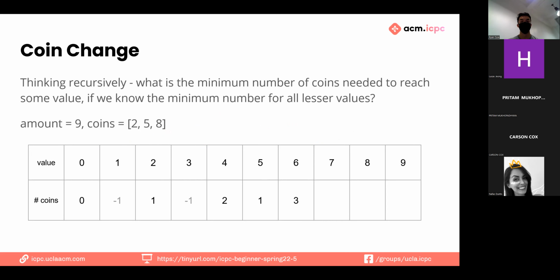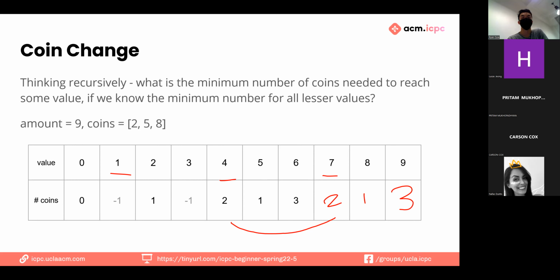And then let's say we want to find the minimum number of coins we need to get to 9. Again, we consider all possible previous values, which is -8, 5, or 2, which is 1 or 4 or 7. The minimum of the previous valid values is 2, so we add 1 to that to know that it must have taken 3 coins to get to 9.